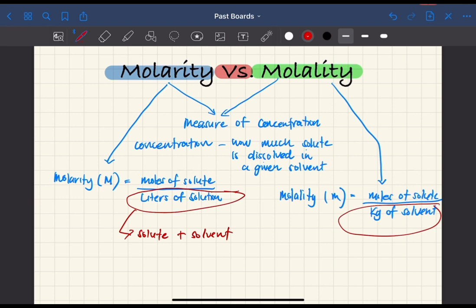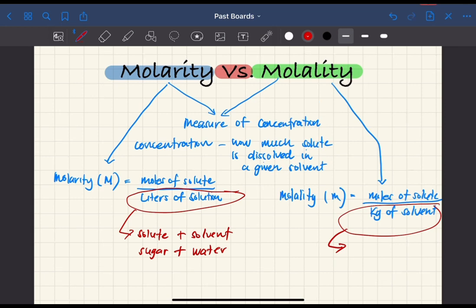So for example, if you mix sugar with water, it means for molarity, it is the sugar plus water.